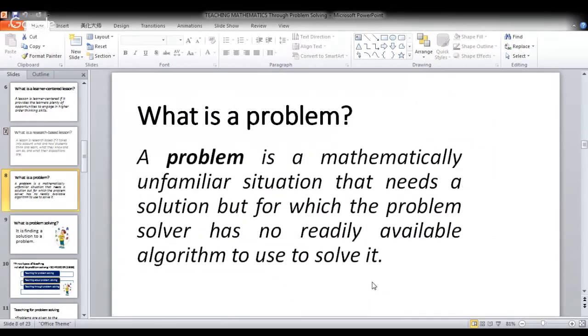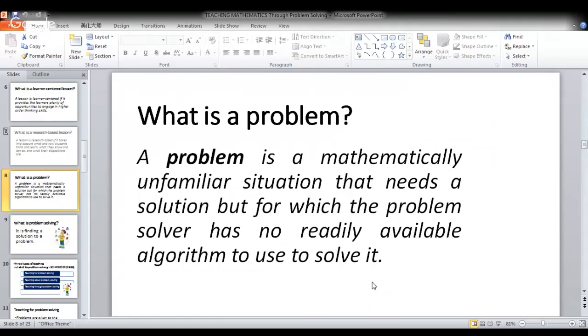Okay, since we have those key goals that we need to develop problem solving and critical thinking skills, it is encouraged that through this approach, teaching through problem solving, we always use a problem to teach a certain content in math.